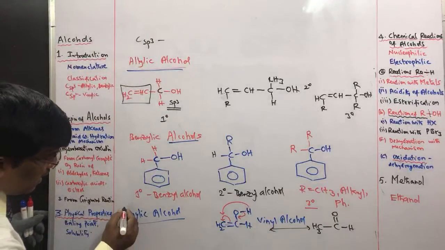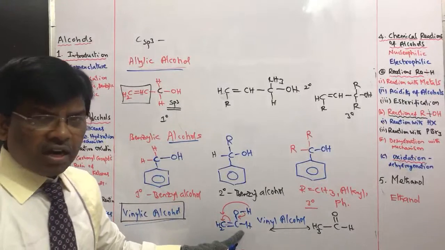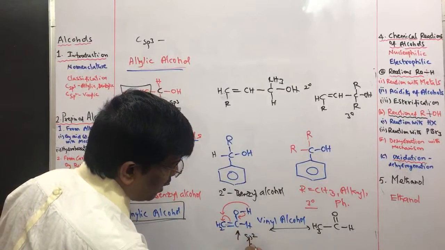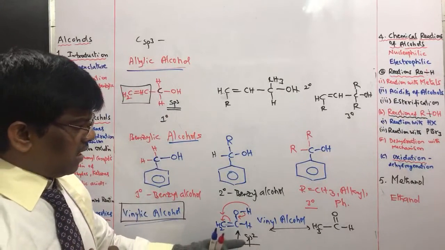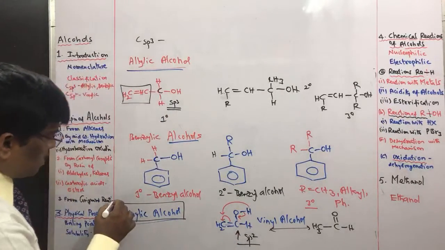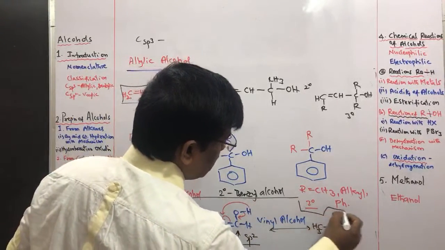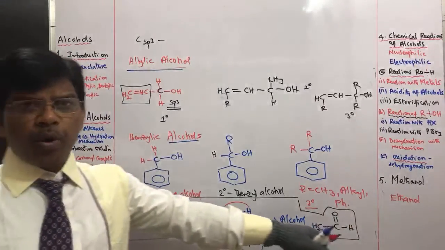In these vinylic alcohols, the carbon attached to the alcohol, what is the hybridization here? sp2 hybridization. So these vinylic alcohols, in principle, are not going to exist because they are nothing but tautomers of carbonyl compounds.